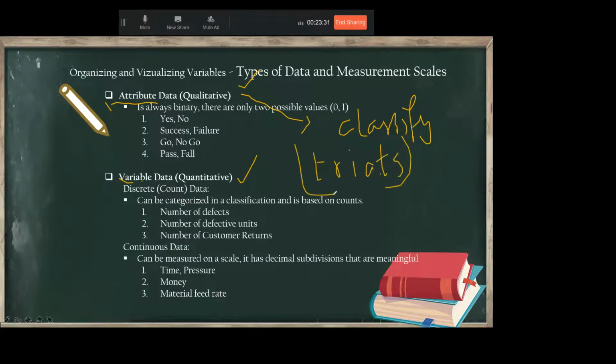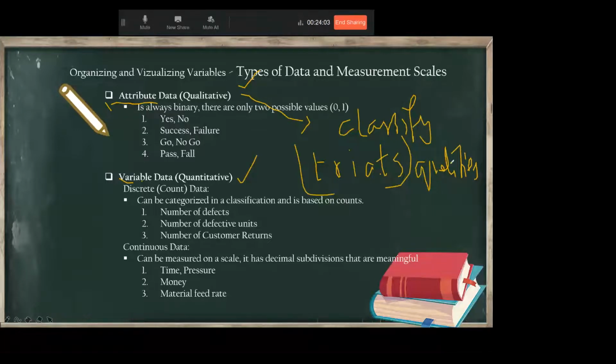Traits means quality. For example, we can classify people on the basis of their color, which is not good, but for the sake of information analysis, we can do that. That many people living in this community are white skinned, that many are black skinned, brown skinned, pale skinned, yellow skinned, right? So we can define. So what is this color? Color is a qualitative variable.